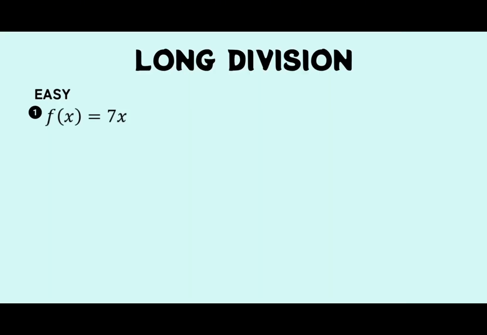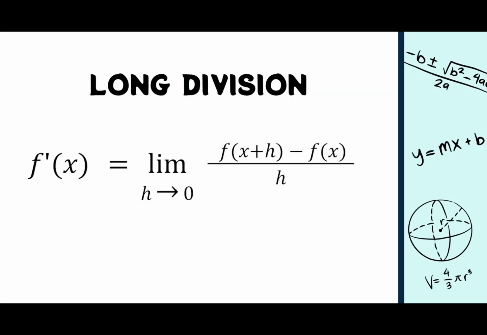Let's start with the function f of x is equal to 7x. Going back to the formula, let's say that the derivative of f, written as f prime of x, is equal to the limit as h approaches 0 of f of x plus h minus f of x, all divided by h.